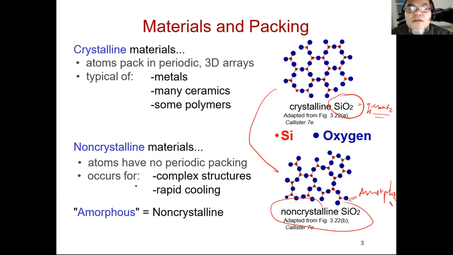Non-crystalline materials occur with complex structures or when the structure is cooled rapidly. After the molten state, like Ezra asked during the first or second session, I forgot, usually we start from the molten material in the liquid state, and we cool down to make the material solidify. When you cool down very rapidly, the structure is not in periodic packing, not an ordered structure.